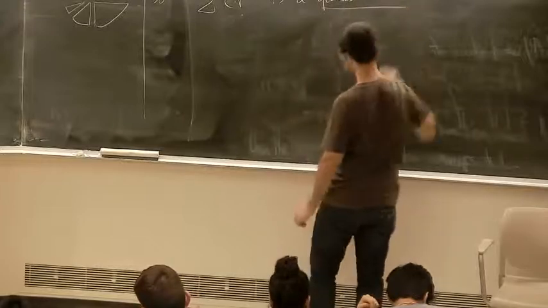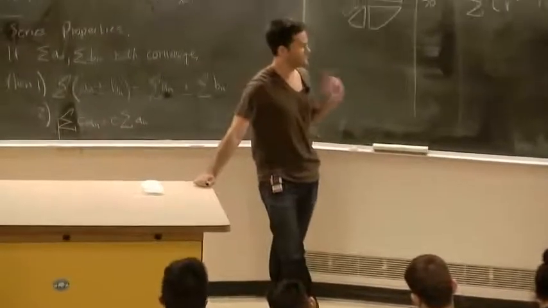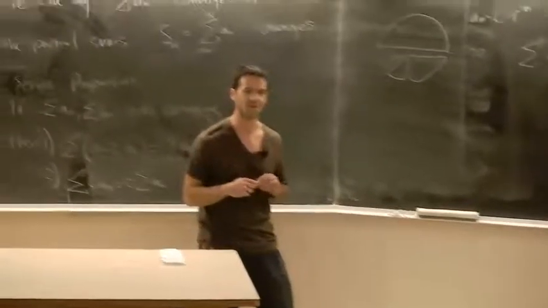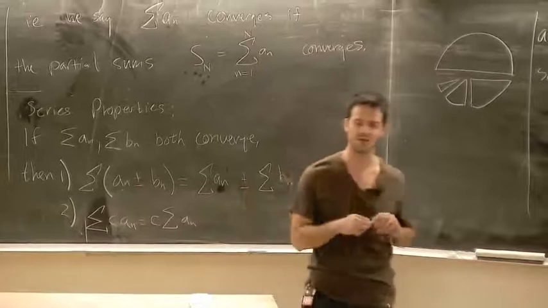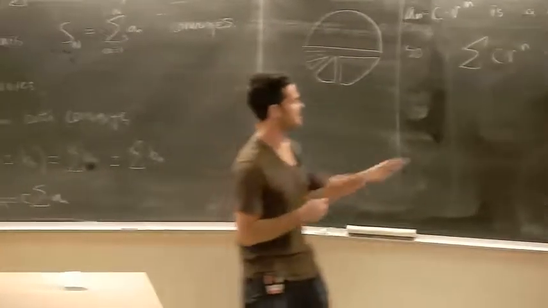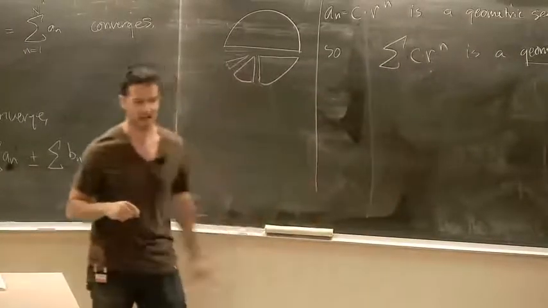It's one of the only ones that we can get a really nice compact formula for. There's this really cool trick for doing it. We can actually calculate an explicit value for what a geometric series adds up to.